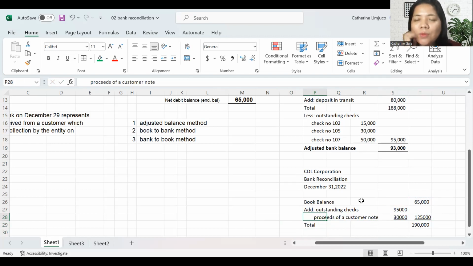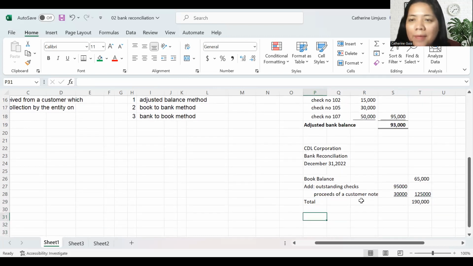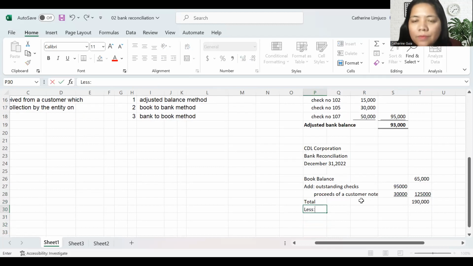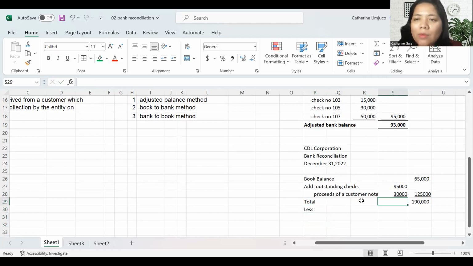That's why you have to analyze each item. What are the items that we will deduct from our total amount of 190,000? We've already taken up outstanding checks and proceeds of a customer note. First, we have the deposit in transit.